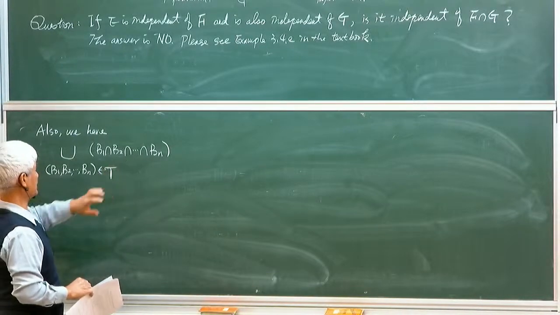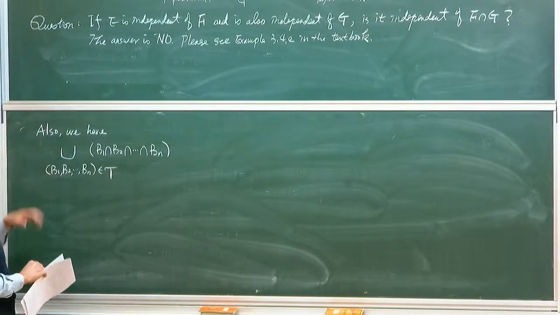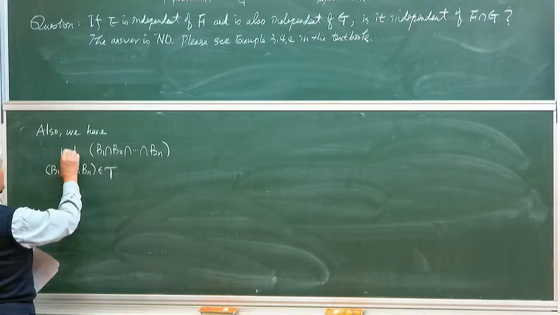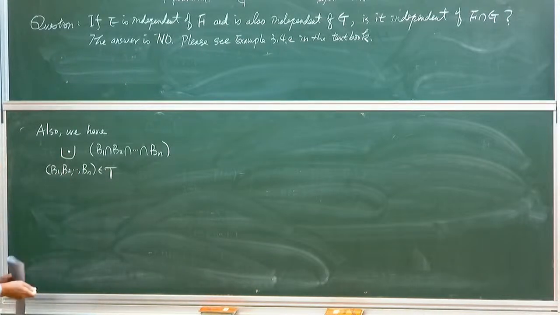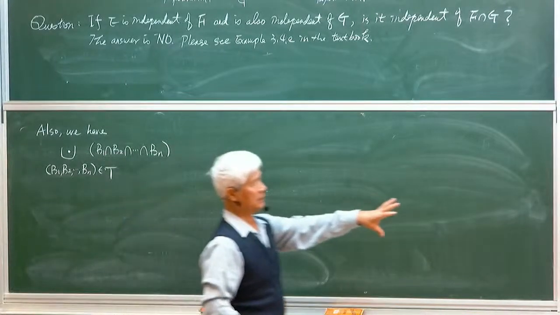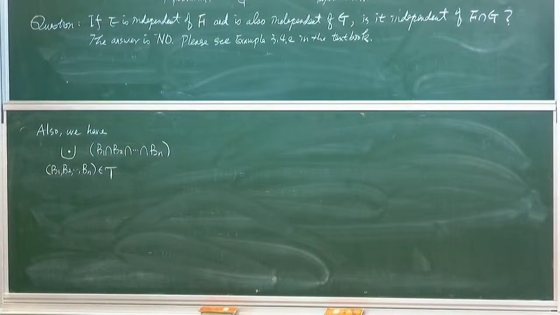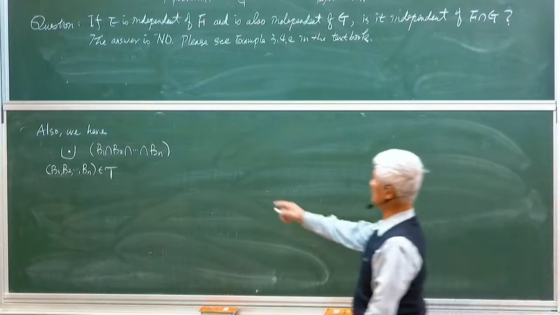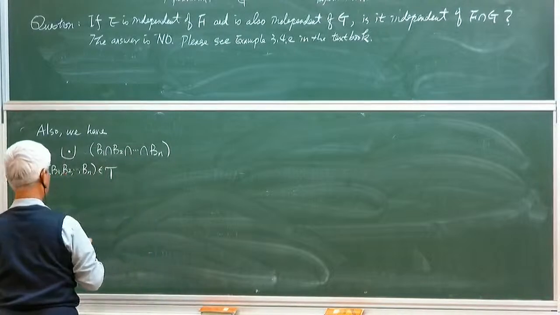So we have the intersections, and we take the union of them, and this union should be disjoint. Why? Because we have shown that for different n-tuples, this kind of intersection will be disjoint from each other. So this should be the disjoint union.